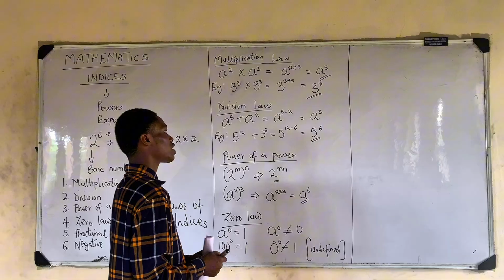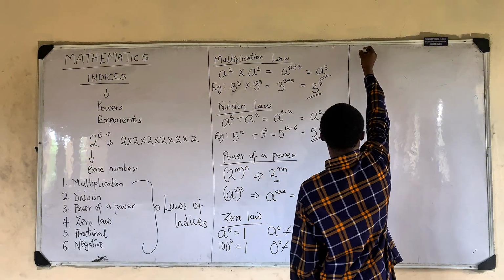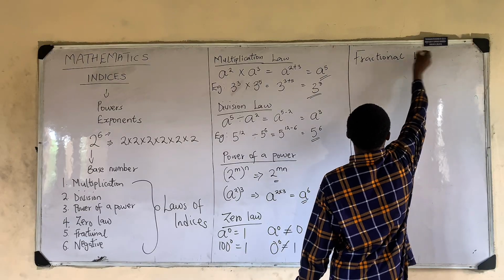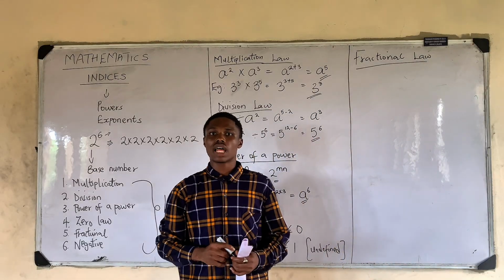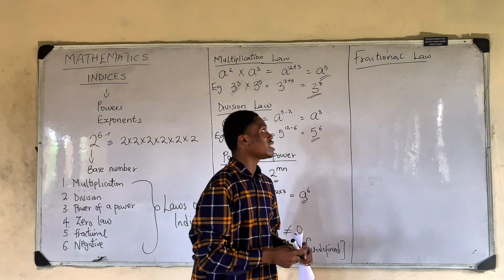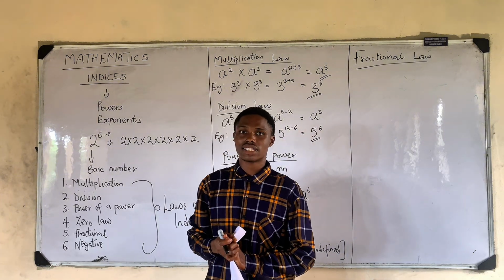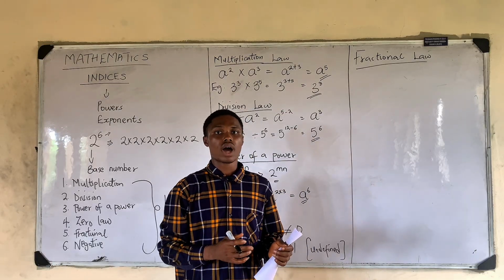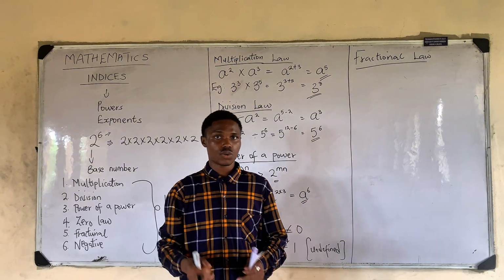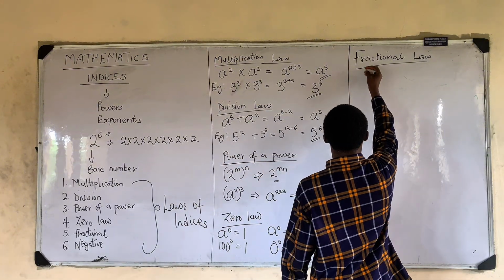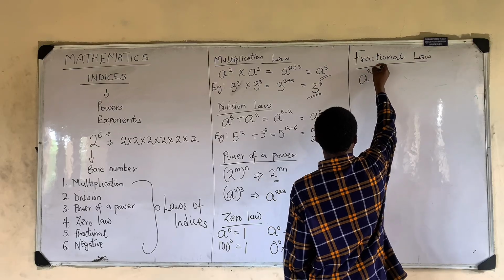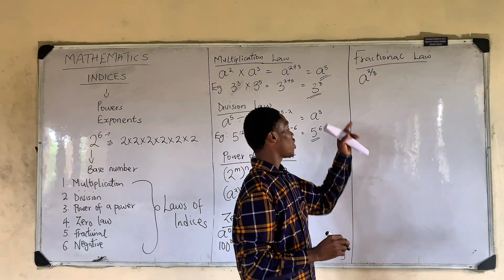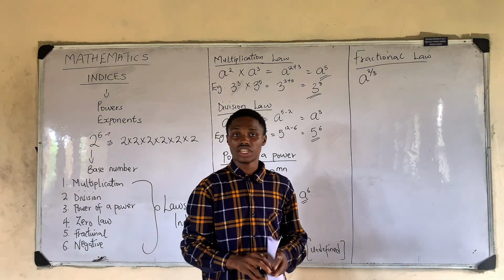Another law we have here is the fractional law. So let's get straight to the fractional law. Under the fractional laws of indices, once the index number is a fraction, the numerator will become the power, while the denominator will become the root. In other words, we have a to the power of 2 over 3. 2 is the numerator and 3 is the denominator of the fraction.